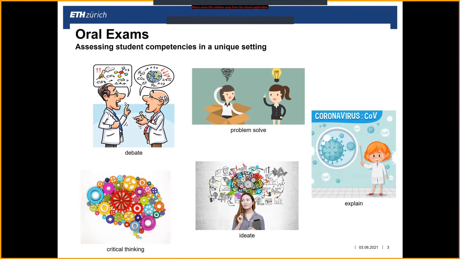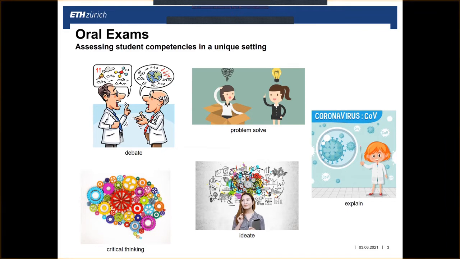So this includes things like engaging in an academic debate, problem solving on the spot, explaining things orally, ideation, critical thinking, or just more generally being part of an academic conversation in your field of expertise.